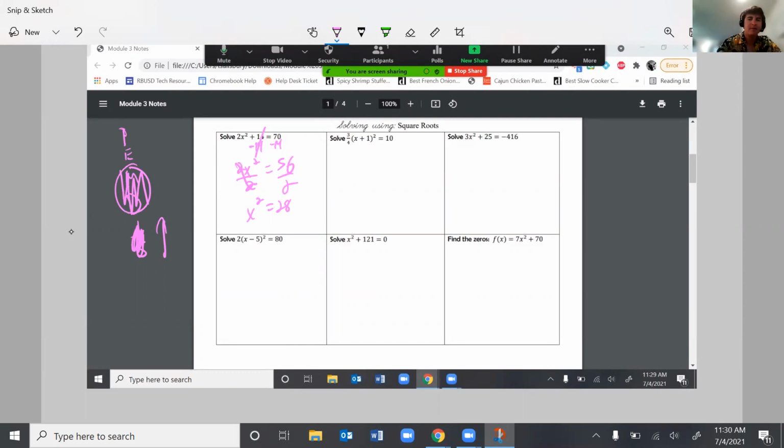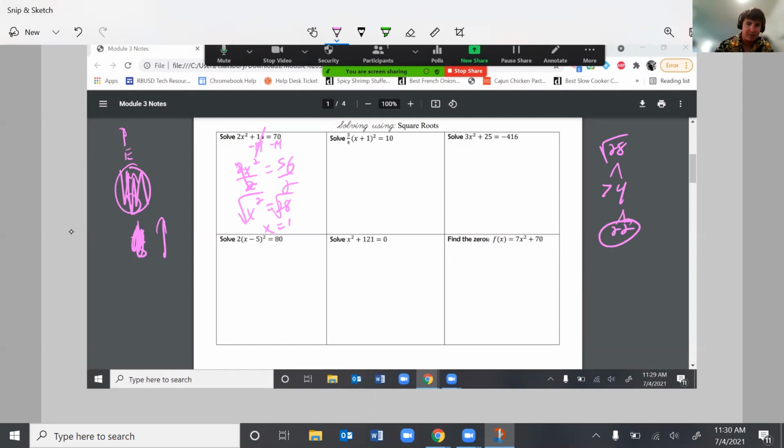There's x squared. The opposite of squaring something is to square root. So x is going to be equal to, we need to be very careful here. When we take the square root of this, we can simplify the square root. The square root of 28 simplifies. So we'll say, okay, 7 and 4, 2 and 2. We're breaking this down into the prime factorization. I have a pair of 2's.